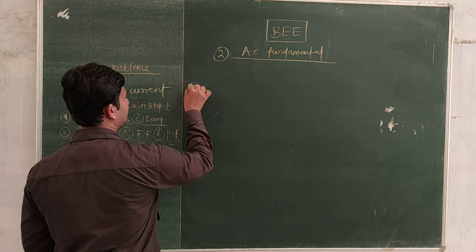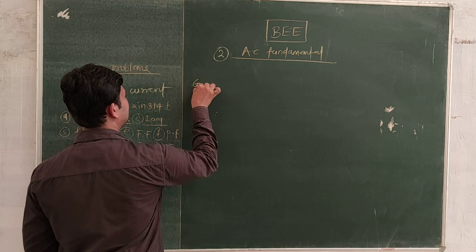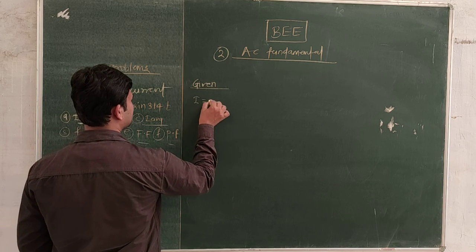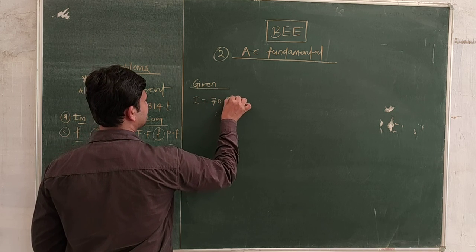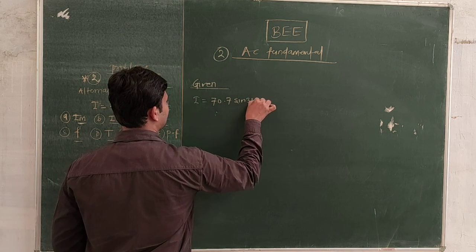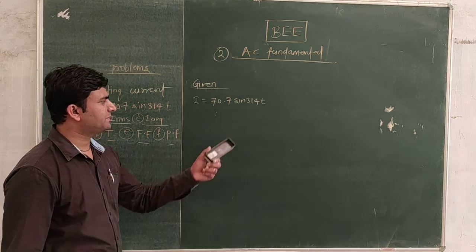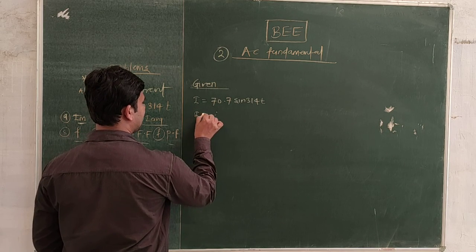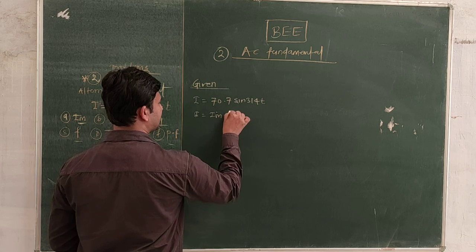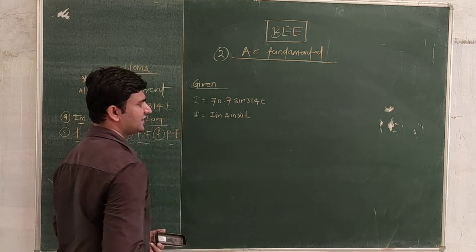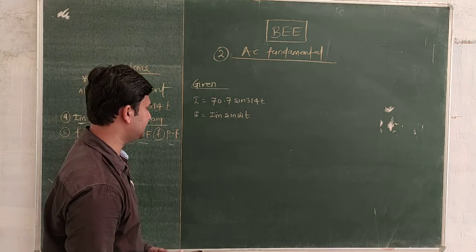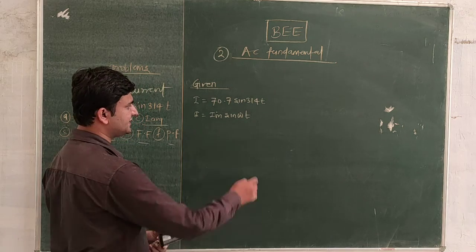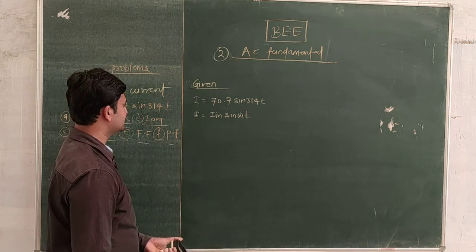So first, write down the given data. Here i = 70.7 sin 314t. Compare this given expression with the standard expression, i = Im sin omega t, where Im is the maximum value of current, omega is the angular frequency, and t is the time in seconds.